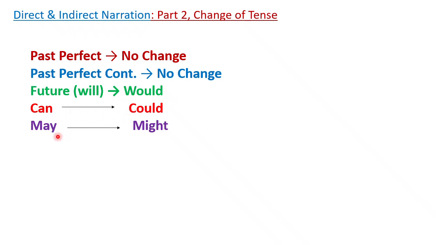I may, when you are showing uncertainty, like maybe, will change into might. For example, the pilot said, "I may fly the plane." So it will become, the pilot said that he might fly the plane. So this will be the change of verb along with the change of pronouns. Pronouns will definitely change. Okay.